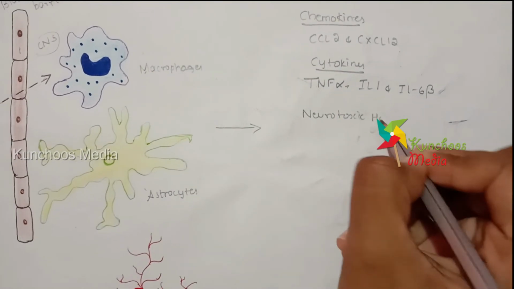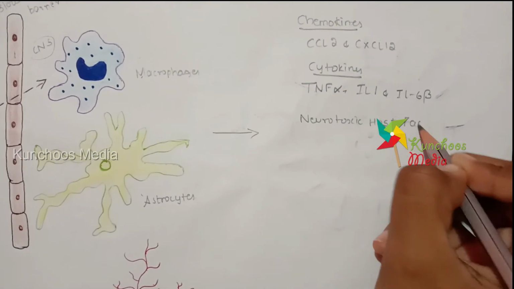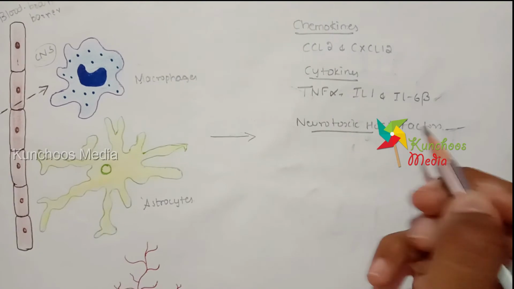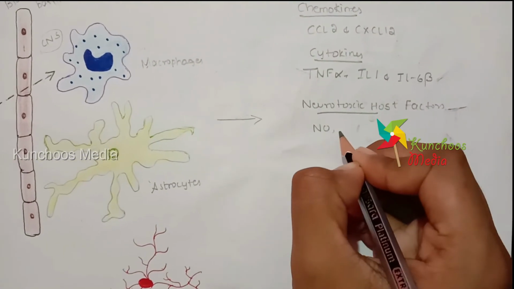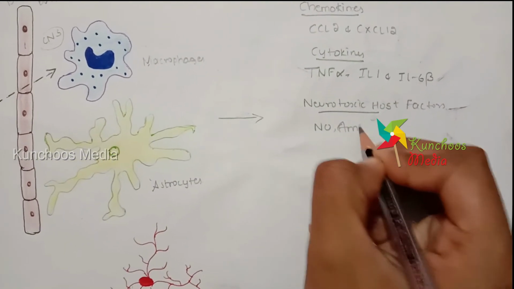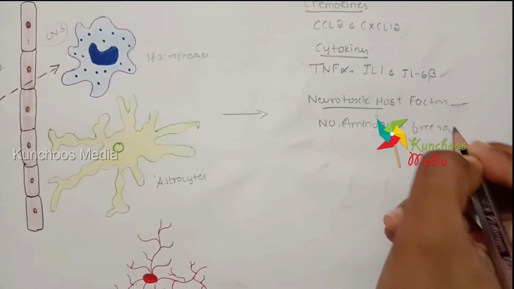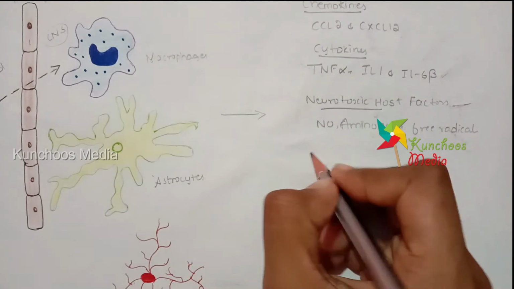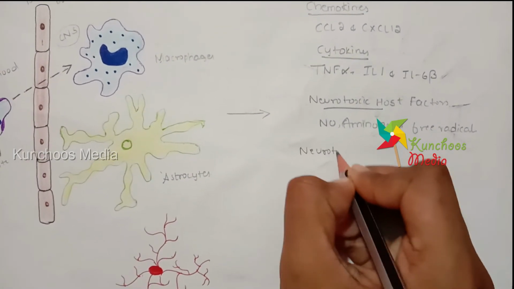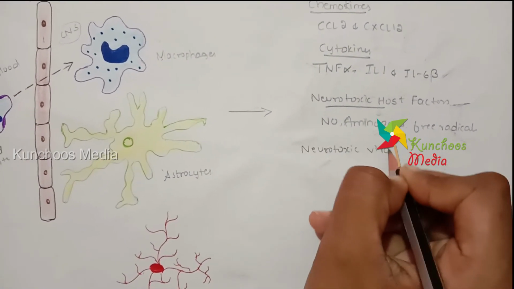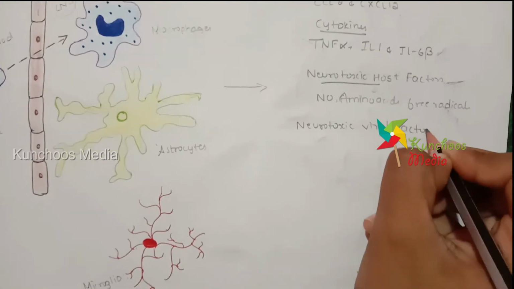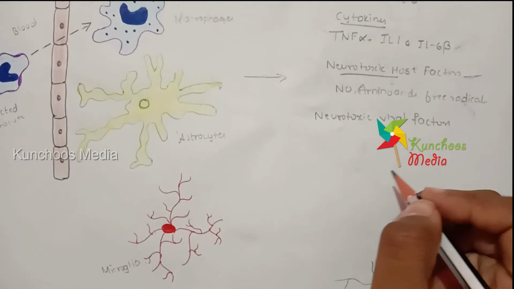As the name says, you can understand it causes damage to our nervous system. Neurotoxic host factors may include nitric oxide, some amino acids, some free radicals, etc. And finally, it can release neurotoxic viral factors, which include glycoproteins gp120, gp41, etc.